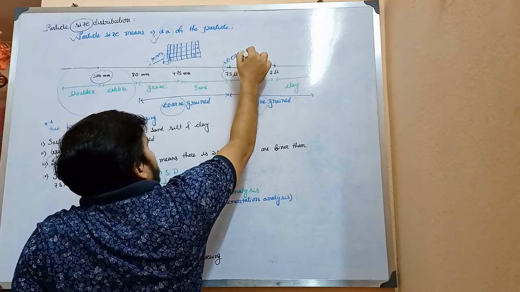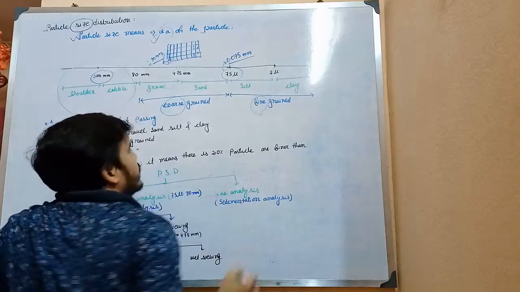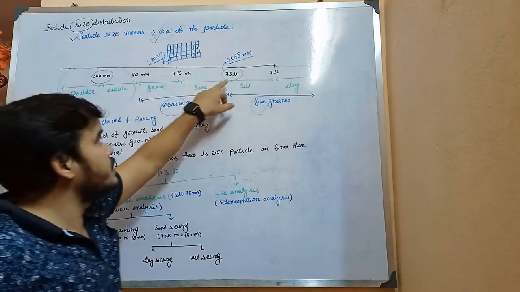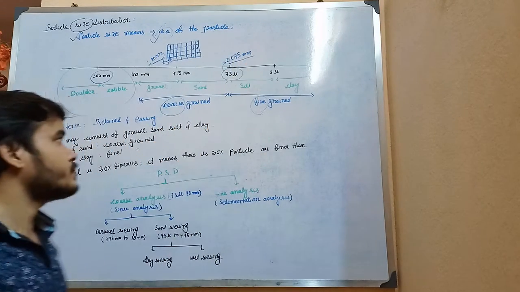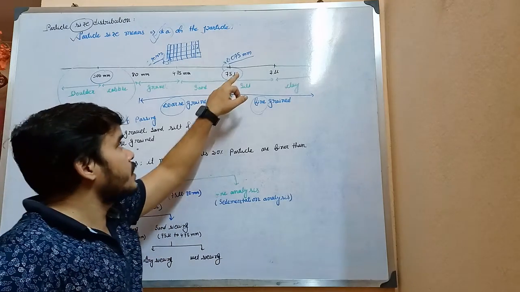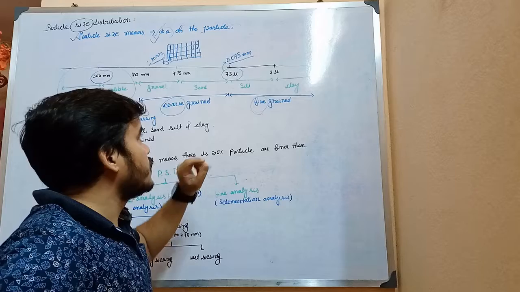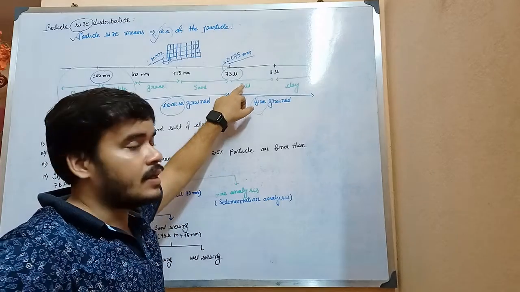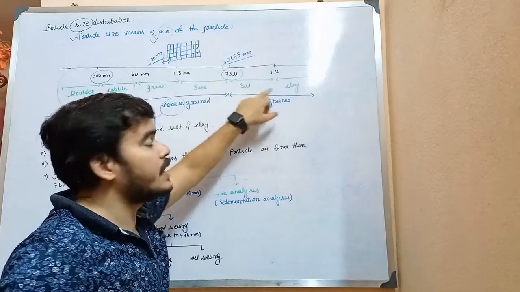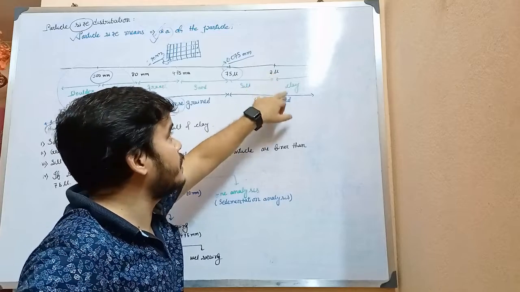0.075 millimeter. 75 micron means 0.075 millimeter. Look, that means you can generally guess how small the silt and clay are, and it is 2 micron.